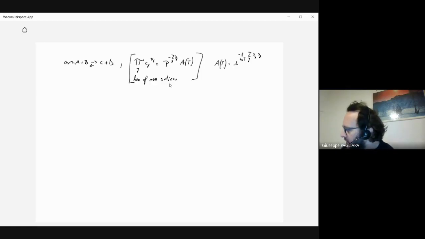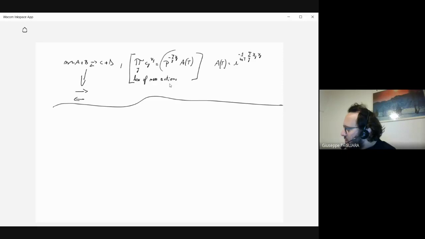Here, of course, we could start with a certain initial concentration of A and B, and the initial concentration of C and D, for instance, and we ask ourselves in which direction the reaction will proceed. In general we don't know this, but by introducing the law of mass action, we can infer which direction the process will proceed, basically by computing this quantity here.